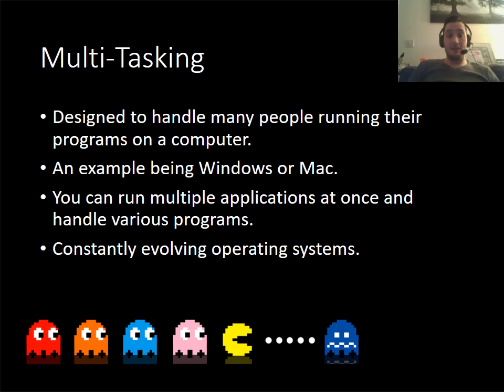Because operating systems are constantly evolving, we can run more and more applications at once. So if you have a scenario in an exam question where somebody needs to do a number of different jobs on their own, you might suggest a multitasking operating system.